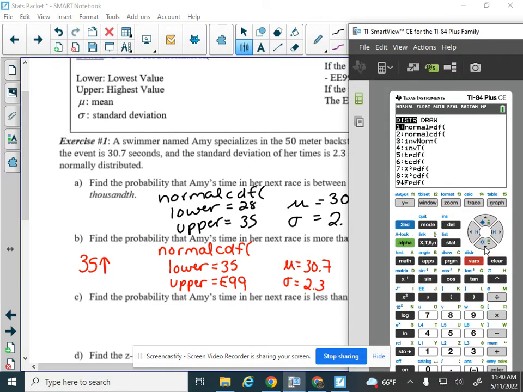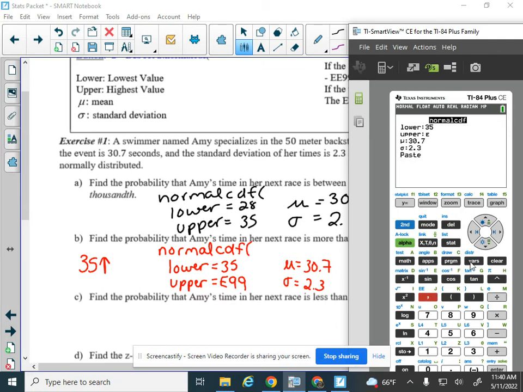So second distribution, normal CDF number 2, lower is 35, upper, the E that we're going to use is actually this double E. So you press this, only one E shows up, but it shows 2 E's.